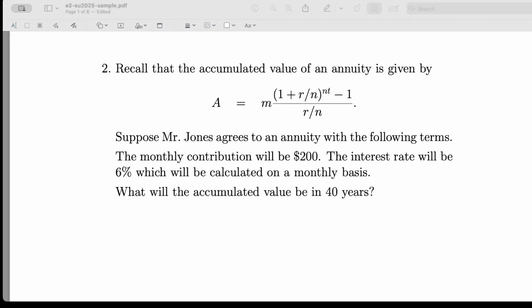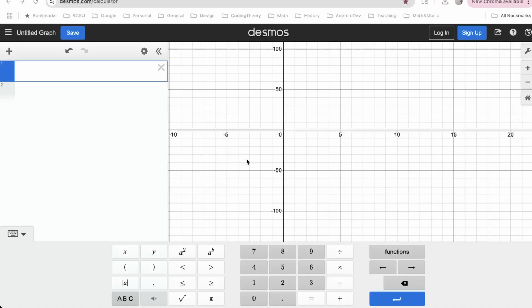All right, so back to Desmos. So we're going to have $200, the monthly contribution, times 1 plus the rate divided by the periodicity, so that would be 0.06 divided by 12.